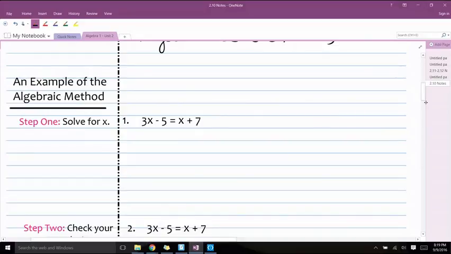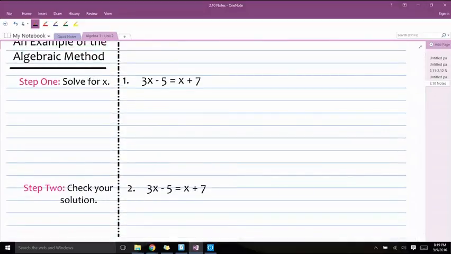An example of the algebraic method. The equation we're going to work with first is 3x minus 5 equals x plus 7. Step one, solve for x. What does it mean to solve? Well, we said before that the solution is the value of the variable that makes the equation true.